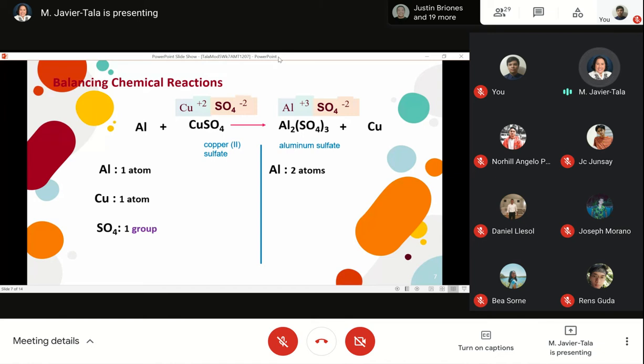On the product side, aluminum has 2 atoms, as you can see, because it is Al2. Then, your copper has 1 atom, and your sulfate, they are 3 groups coming from your parentheses, then 3.